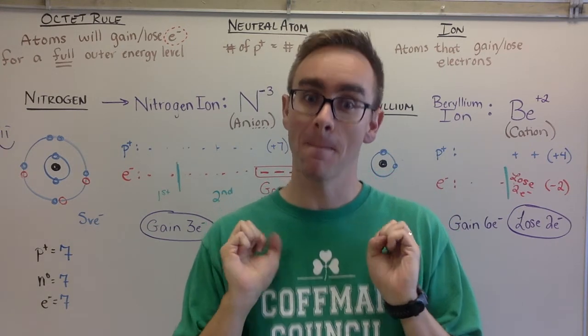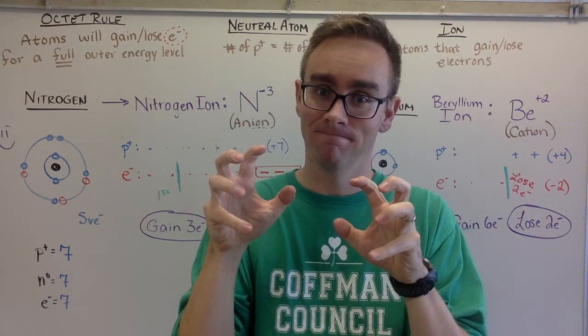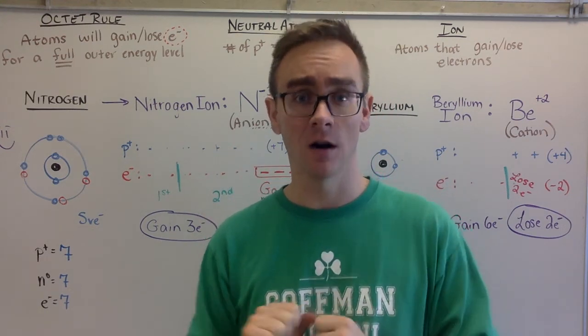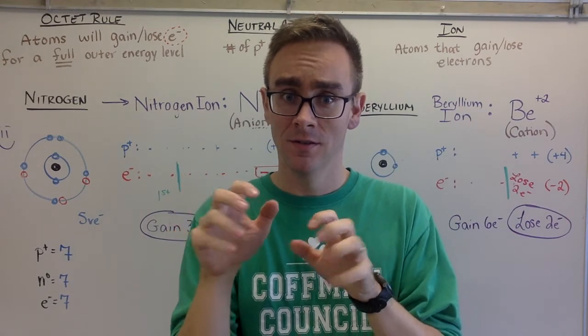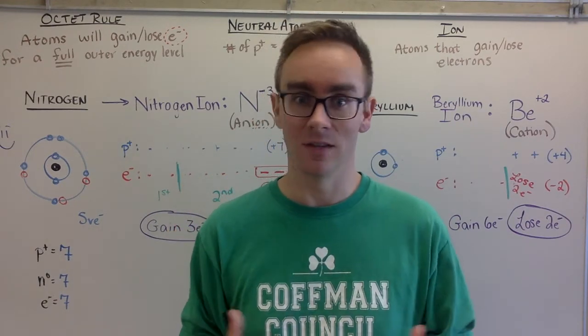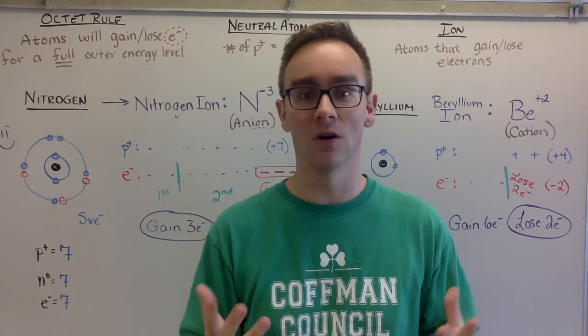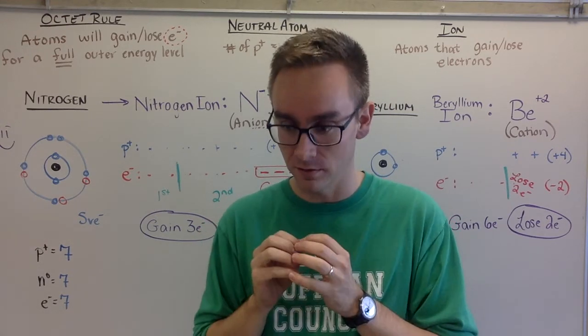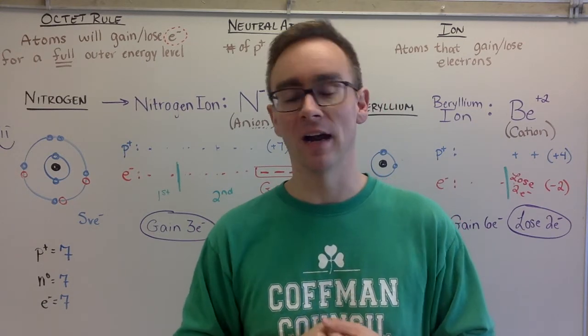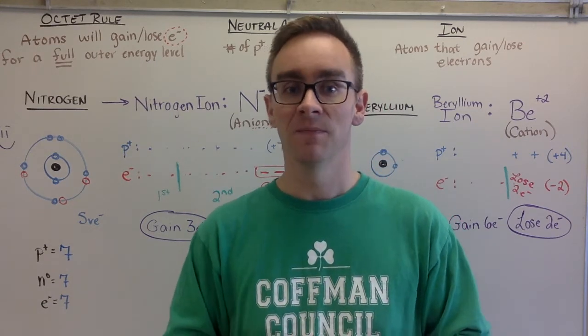Cations are positive. Like cat's paws. Cat ions are positive. You think that sounds really stupid, and it kind of does, but it's going to make you remember it because you all joke, and then I look over in a test and I see someone going, or they admit later, like, I actually did the positive things.